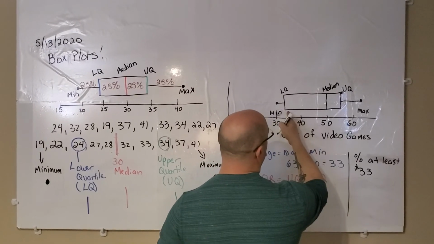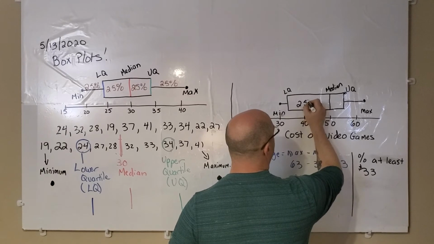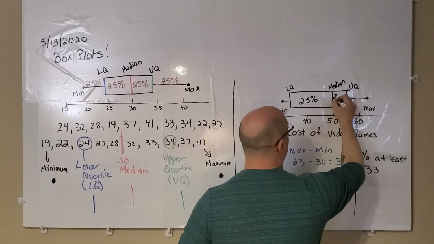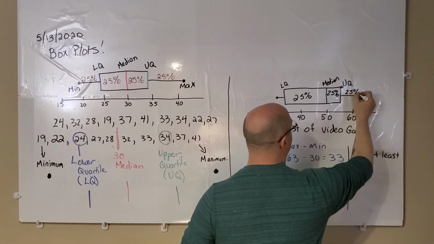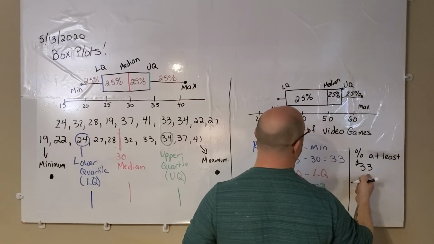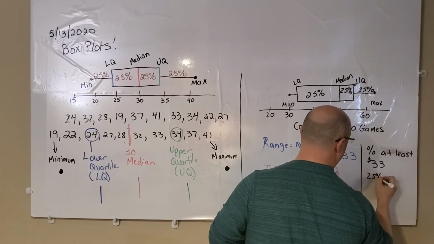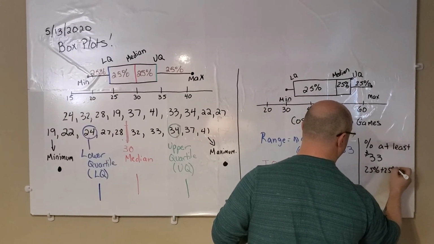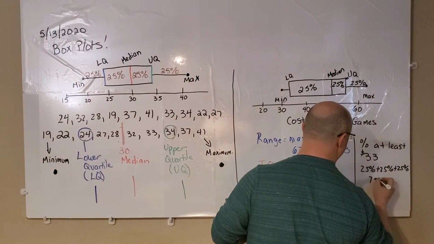That happens to be my lower quartile. So I have 25% in here, 25% of the data here, and 25% of the data here. I want to go 33 and up. So I have 25% plus 25% plus 25% gets me 75%.